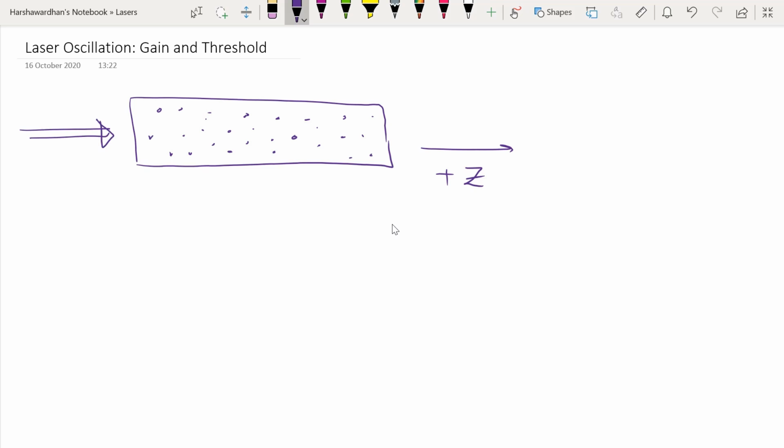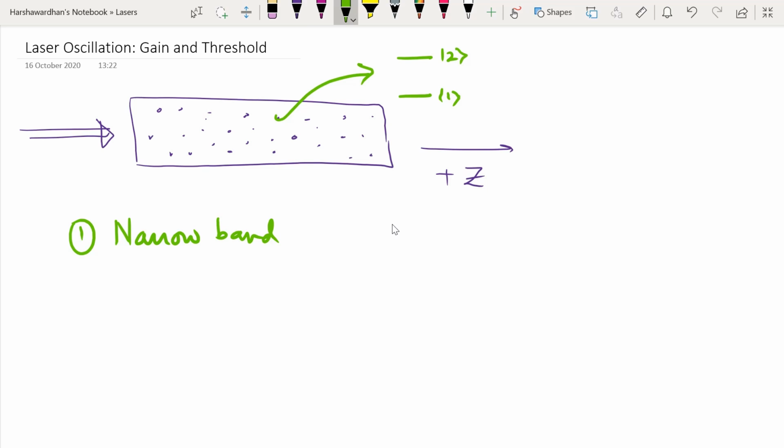So I make a few assumptions. The first assumption is that it's a narrow band radiation, and individual atoms have got a resonant transition whose frequency is nu2 1, and my incoming radiation has got a frequency nu, and the narrowband frequency is such that nu is very close to nu2 1.